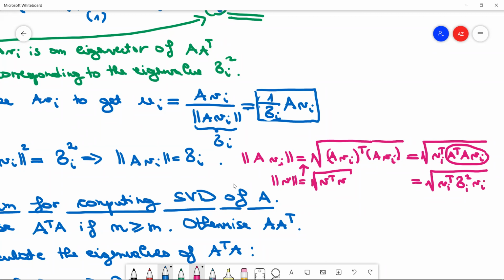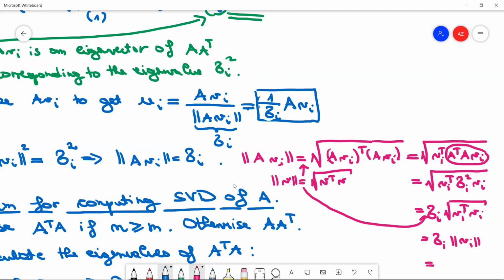And this sigma I squared under the square root comes out. So it's sigma I. And what remains is just the square root of VI transpose VI. But by what I wrote here, this is just sigma I times the length of VI, but VI is of length 1.